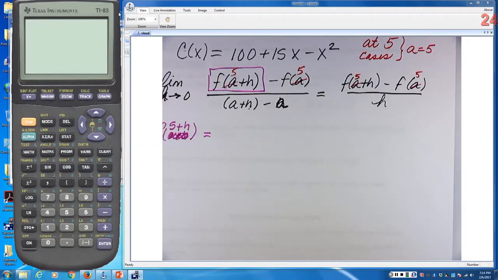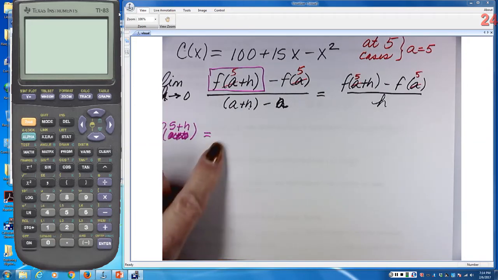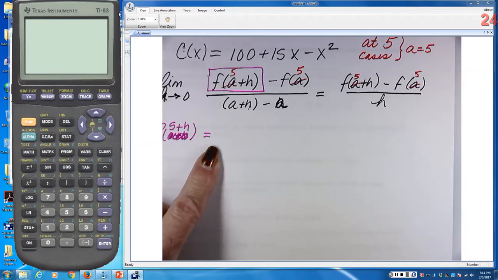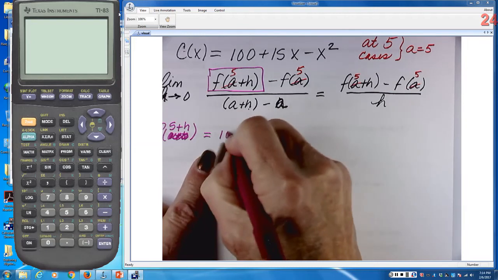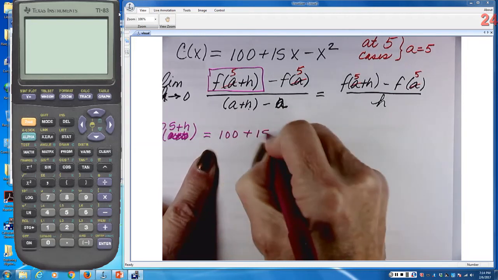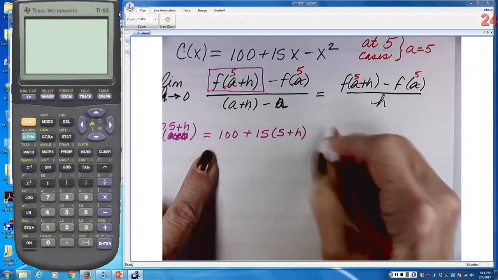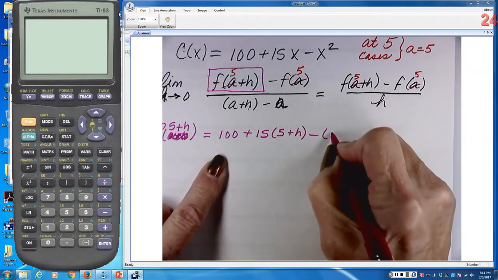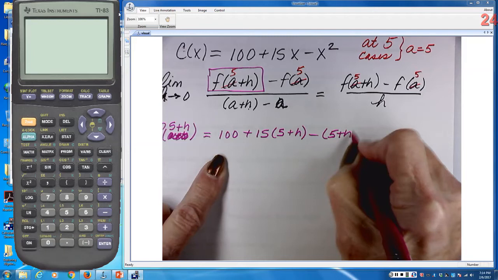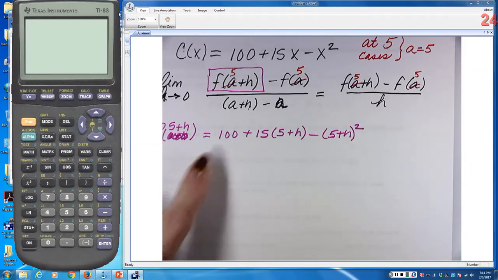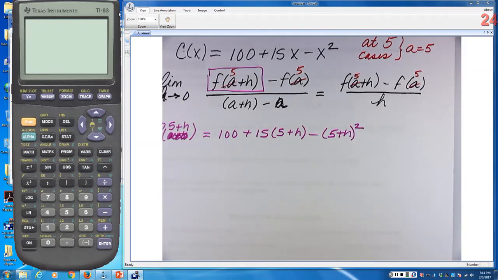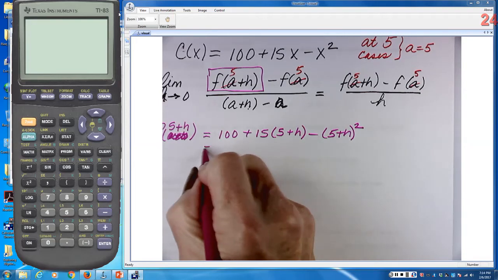which means everywhere there's an x in this original problem, I'm going to plug in 5 plus h. So 100 plus 15 times 5 plus h minus 5 plus h squared. And then I'm going to try to simplify that as best I can.